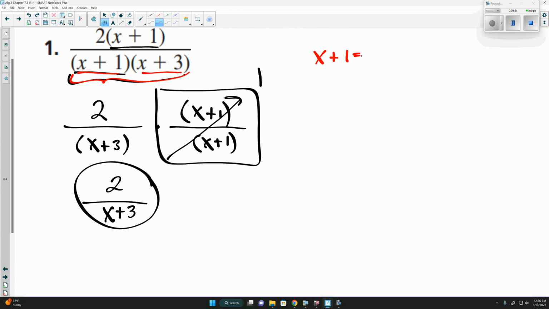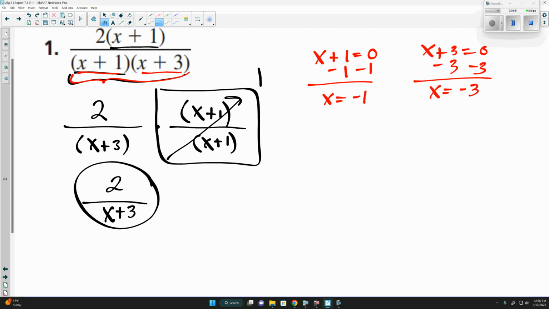So if we want to figure them out, we can set both of these equal to 0 to see what our restrictions are. We can subtract 1 here, saying x is negative 1, and here negative 3. So it's telling us that x cannot be either one of these, because if x is negative 1 or negative 3, we're going to have a division by 0, which doesn't work. We can't have a division by 0.